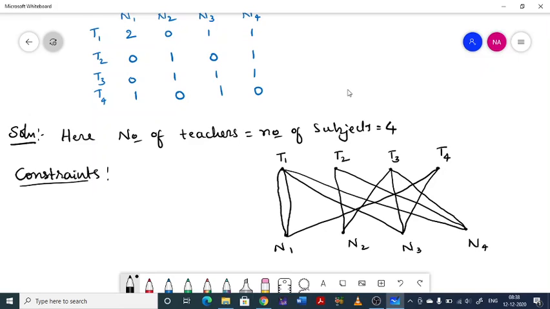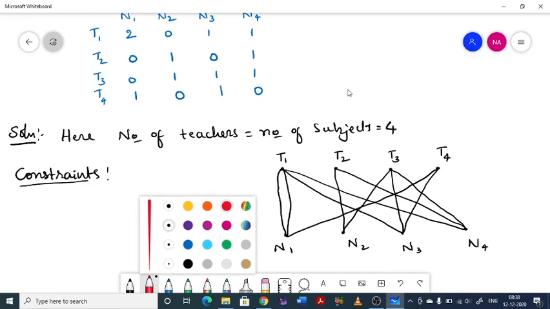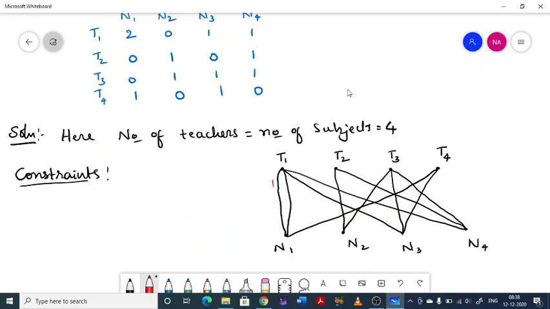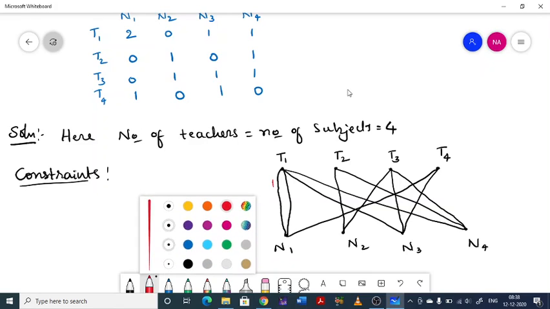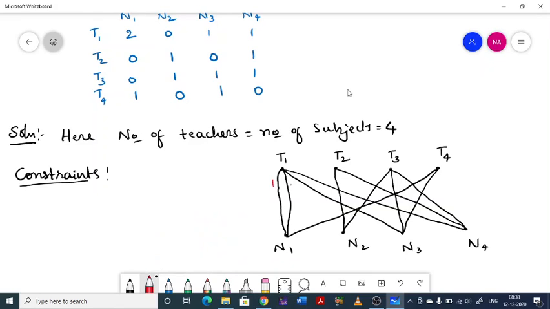Now you have to label these edges. 1, 2, 3, 4. See, either you can label edges in this side or in this side, because any edge will have one end on this side, another end on this side.